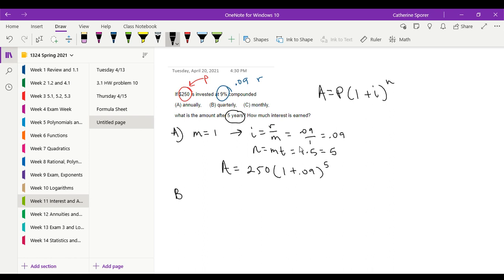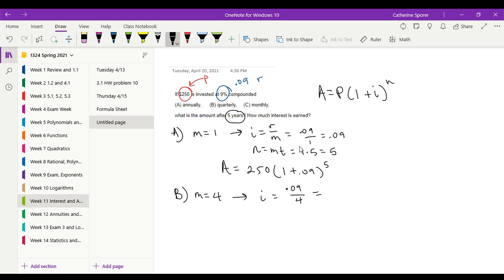If the interest was quarterly compounding, we do the same thing, but with 4 periods per year, so we use M equals 4. And that changes a couple things. It changes the I, which is still R over M, to 0.09 over 4 instead of 1, and we use 4 because of the quarterly compounding.